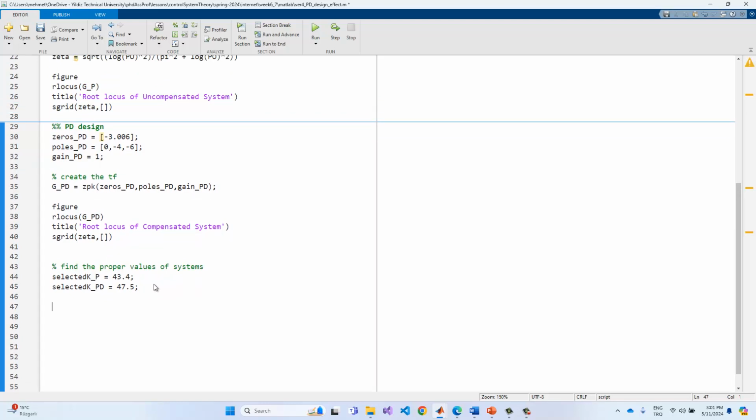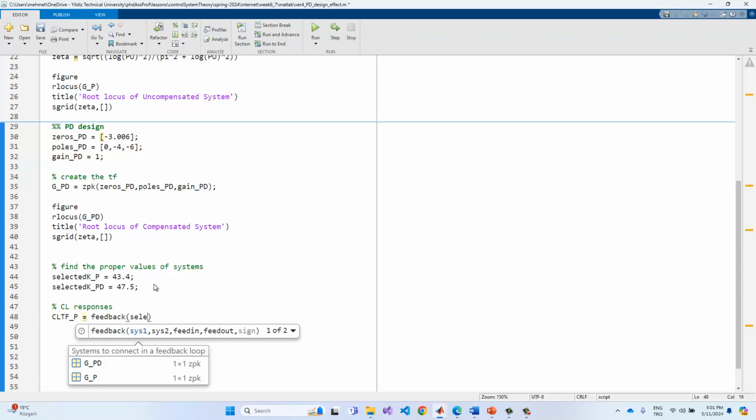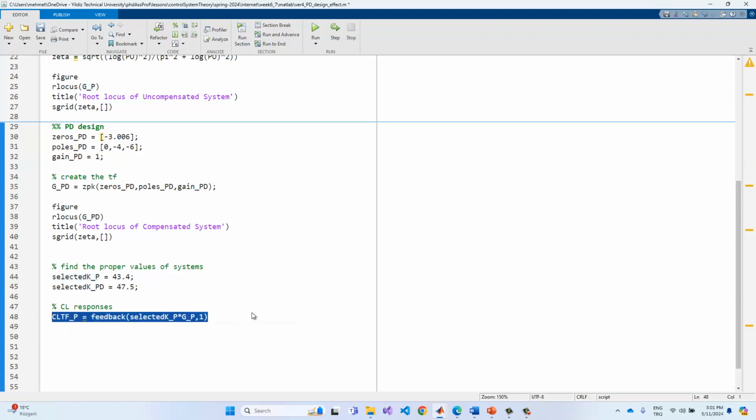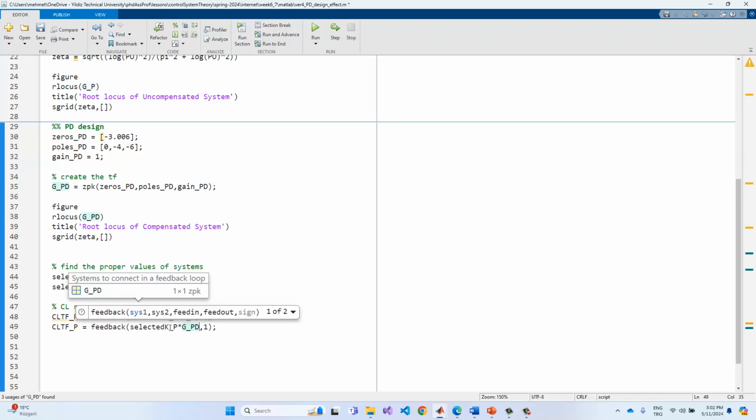After that, how can we create the closed loop response? CLTF PD is equal to the unity feedback of the selected KPD times GP. We must also update the PD, okay?